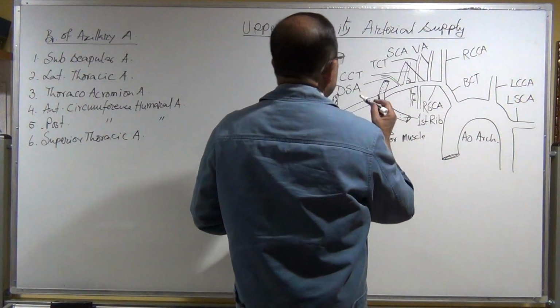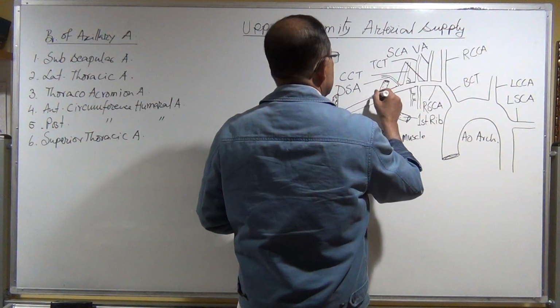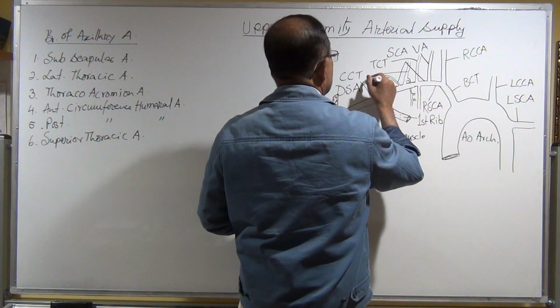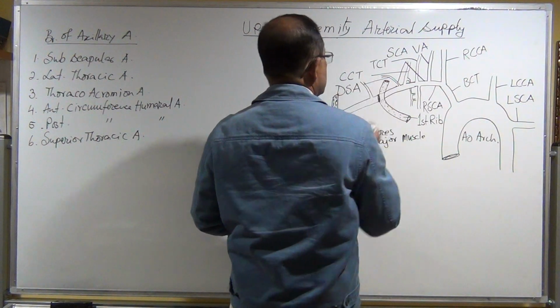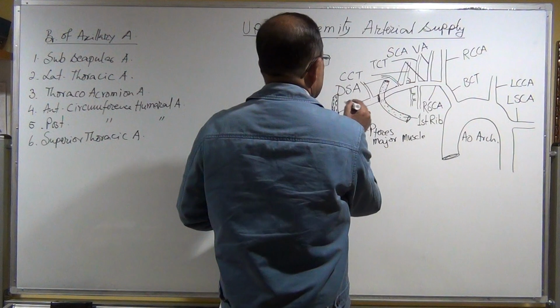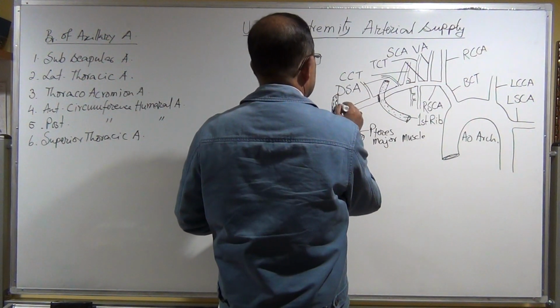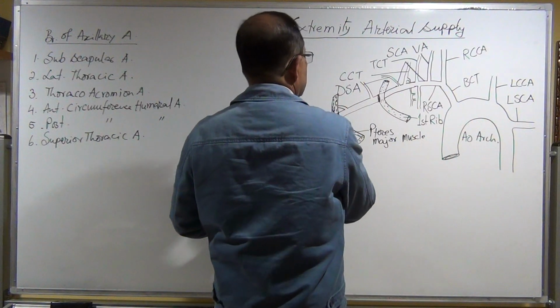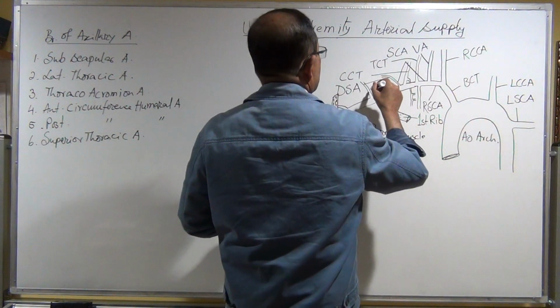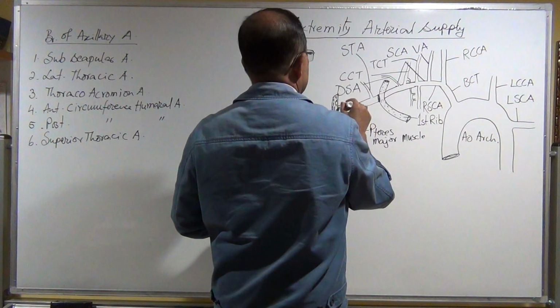Okay, so now there are branches. So this is the superior thoracic, and the lateral thoracic is going to the lateral side. This is the superior thoracic artery.